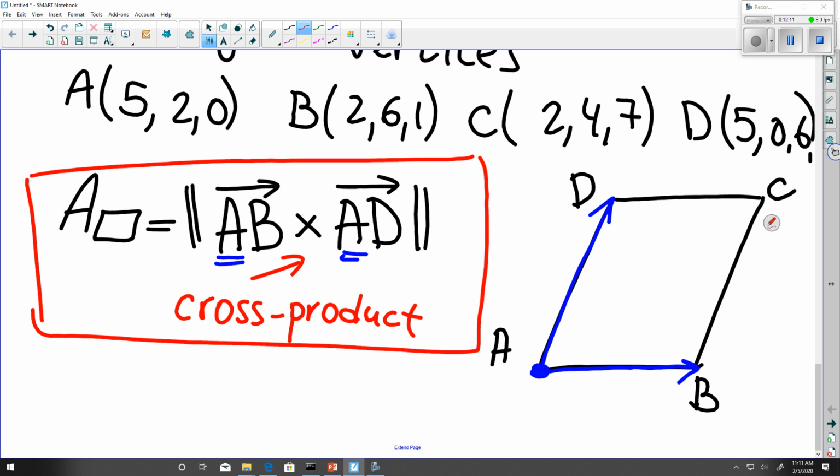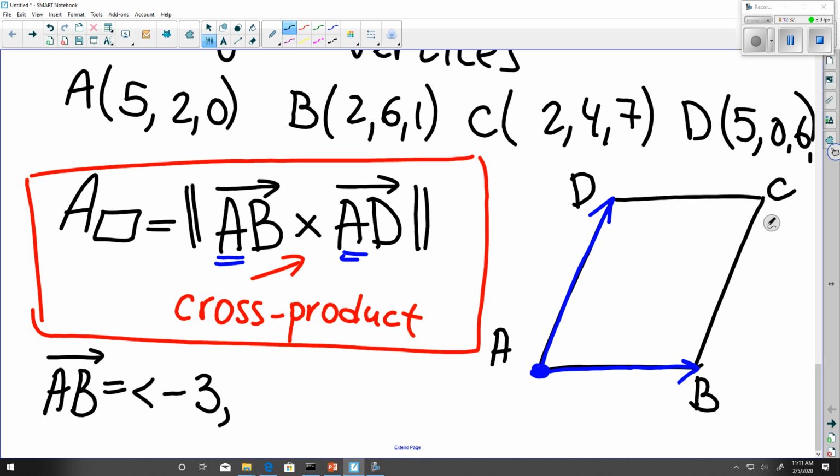Let me find AB first. To find vector AB, we know it's terminal minus initial. So you have to do coordinates of B, subtract coordinates of A. Go ahead, do it on your own. I'll just put it on the board. We subtract B minus A. Do it on your own and please check with me.